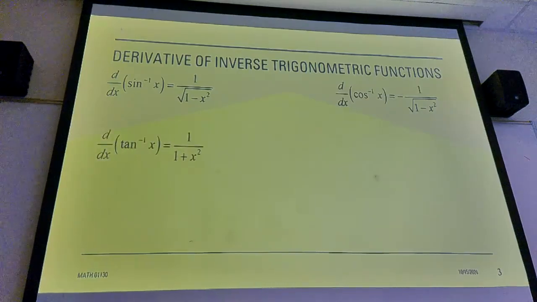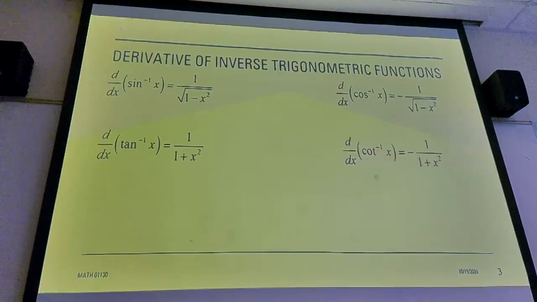Derivative of inverse tangent: 1 over 1 plus x squared. Derivative of inverse cotangent is negative 1 over 1 plus x squared.